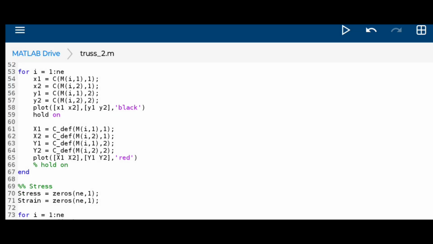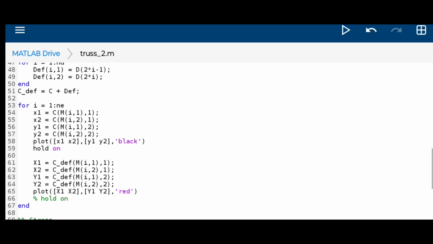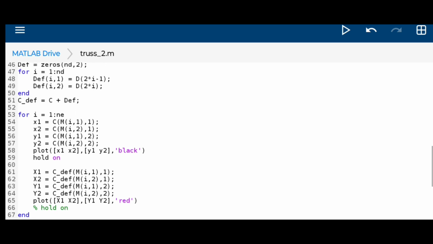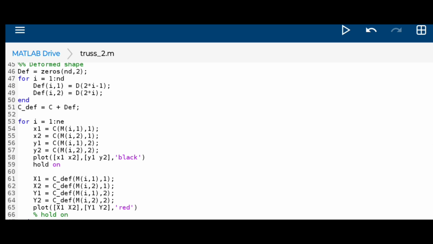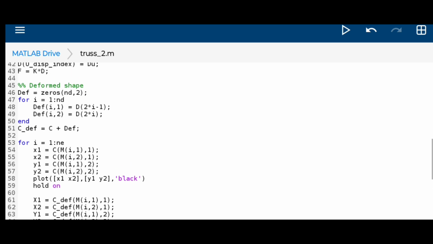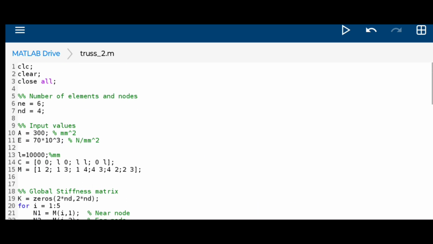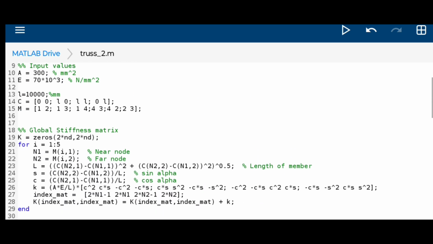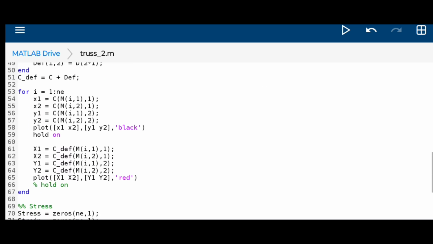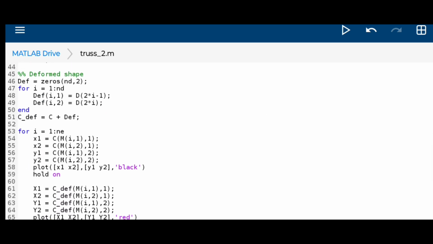For plotting, we will go for a for loop over the number of elements, as we have to plot each element, x1 y1. For this member i, x1 is from the connectivity matrix m i 1, m 1 1 is 1, m 1 2 is 2.